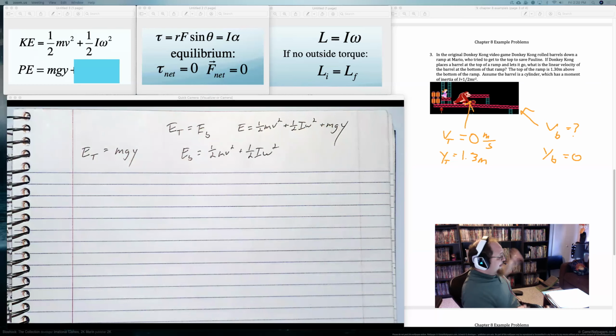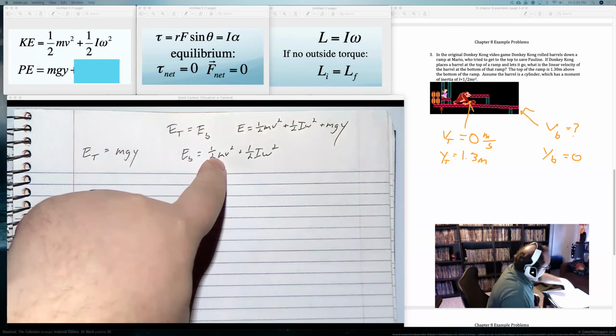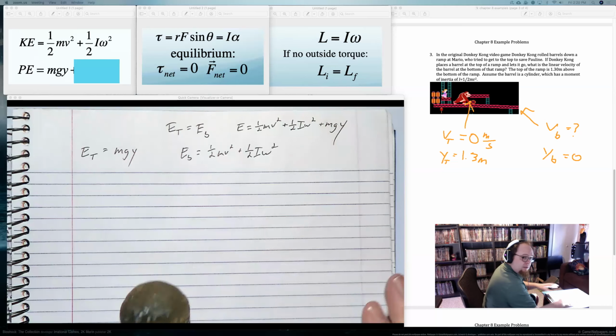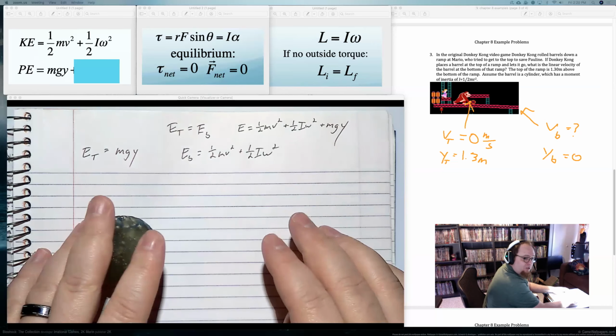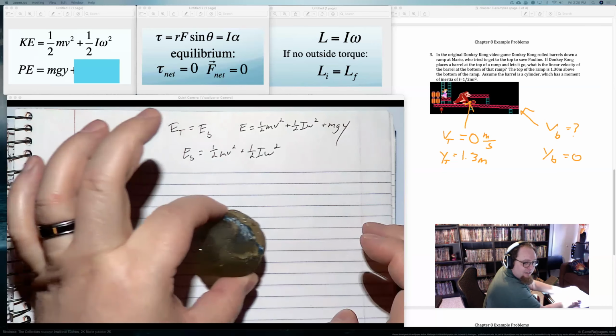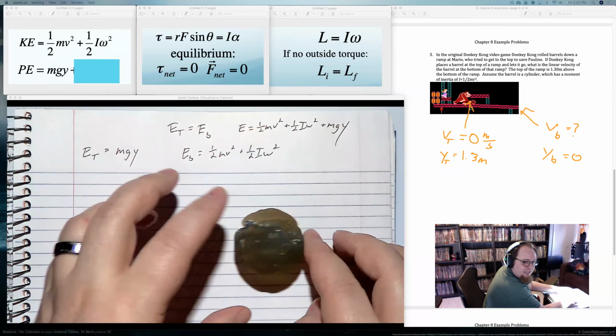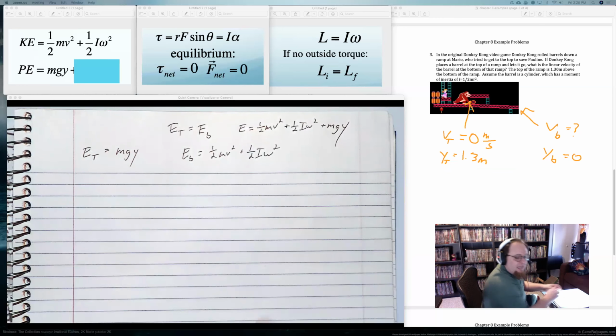But here's the thing. I'm solving for V, but I got this omega term. And omega is angular velocity. But like we covered in class, when something is rolling, it's doing two things at once. It has a linear component and it's spinning. That's what rolling is. It is spinning while moving to the side.